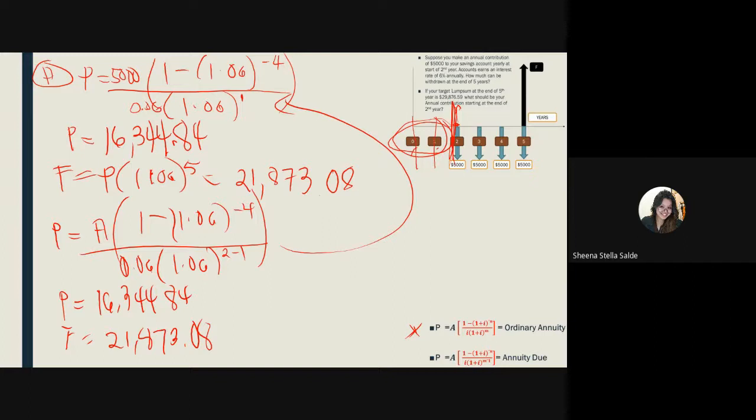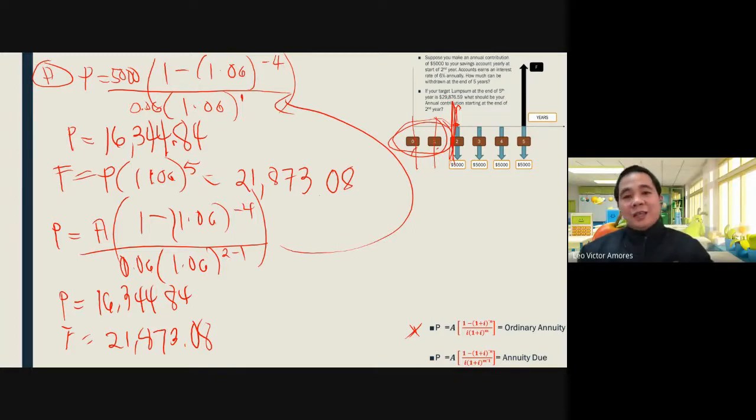For an ordinary annuity, it starts at the end of the next year, so there is nothing to pay here, so it starts this year. So your number of deferred payments is only 1.